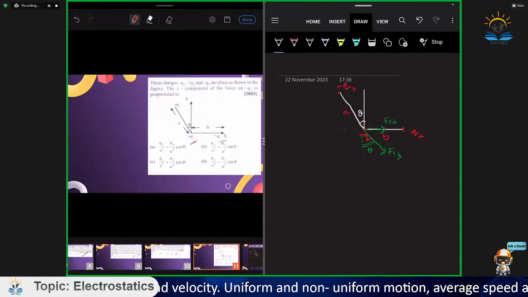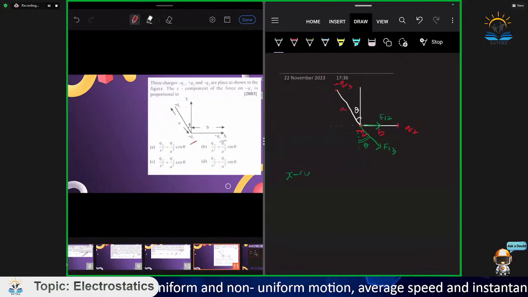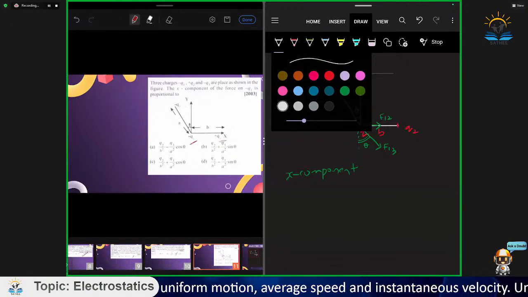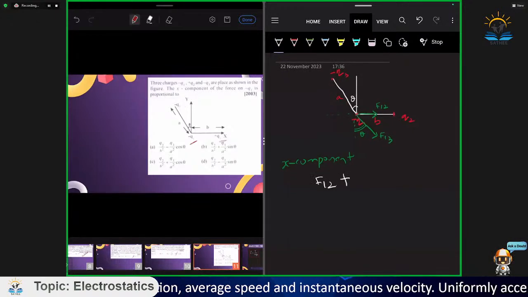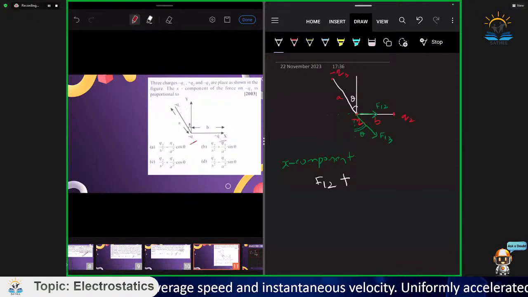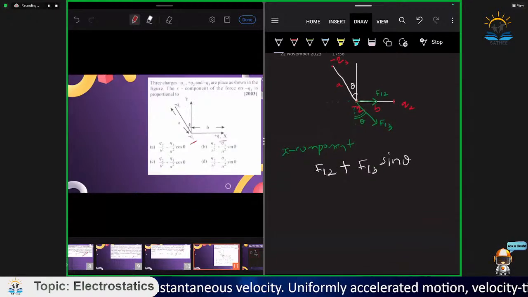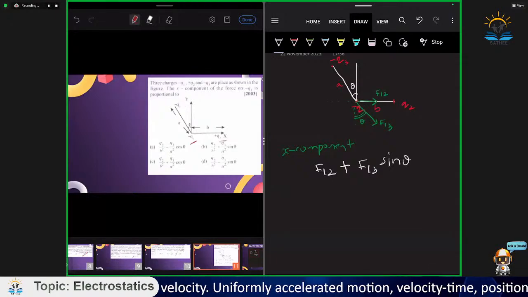The x component will be F12 plus F13's sine component, F13 sine theta. For proportionality, what is F12?